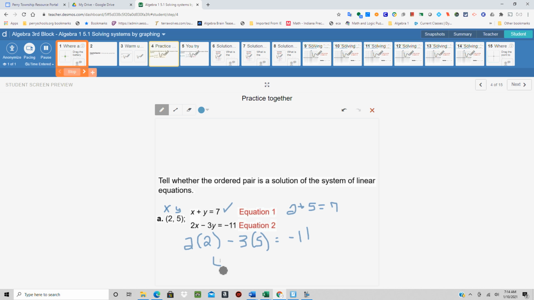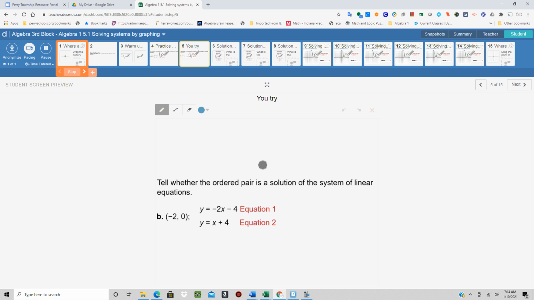It's going to give me 4 minus 15. And it looks like I'm going to end up with a true statement. Negative 11 equals negative 11. So that one is yes, it is a solution.